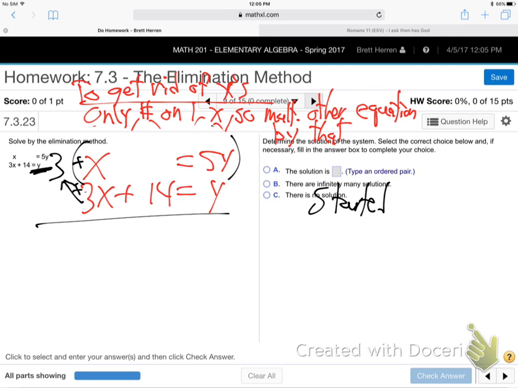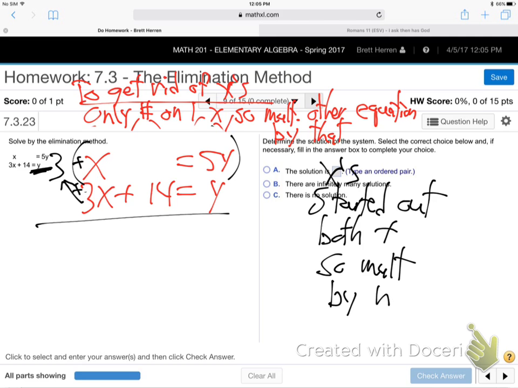The x's started out both positive, so multiply by negative 3. It turns out. You with me on that? If both x's, or y's if you're doing y's, start off with the same sign, you got to multiply by negative to make them opposite, and then you always multiply by the number in front of the other x. So that's what we do.